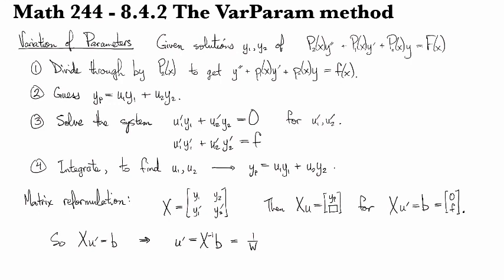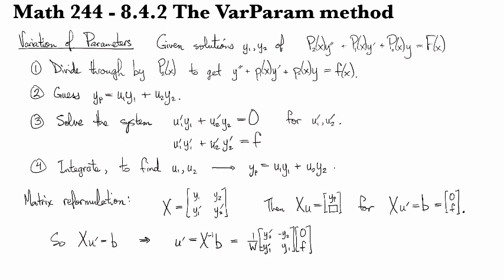So it's 1 over the Wronskian times, and then you have, let's see, we swap the two entries on the diagonal, and then we negate the two off-diagonal entries. And that's what we're going to be multiplying 0, f by.